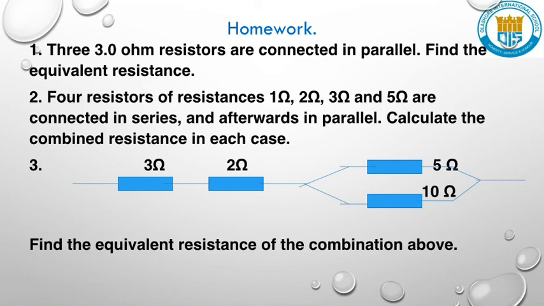So what you need to do in number 3 is to first of all find the parallel connection of 5 ohms and 10 ohms in total. What will be the total of 5 ohms and 10 ohms in parallel? You do that. What you get is now in series with 2 ohms and 3 ohms. So you now add what you get to the 2 ohms and the 3 ohms. With that, you'll be able to find the equivalent resistance of that combination.